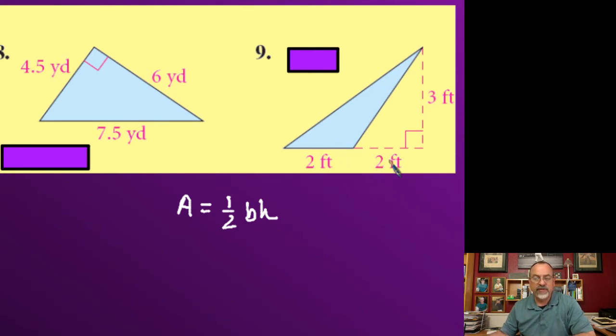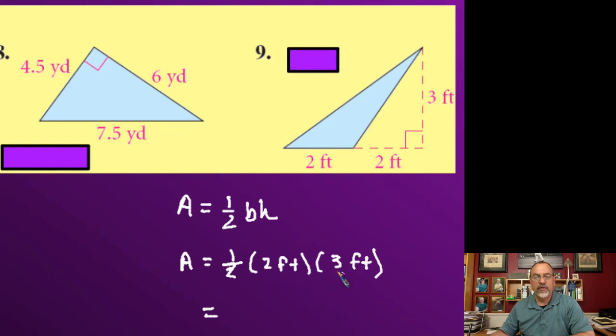So don't be tricked into using numbers that aren't there or that shouldn't be used. Just because a number's in the problem doesn't mean you have to use it. Know what it is you're looking for, and when you're going to the diagram, just simply use those values. So the number 3 is perpendicular to this number 2, so those will be my values. So the area is 1/2 the base, which is 2 feet, times the height, which is 3 feet, and then I simply multiply.